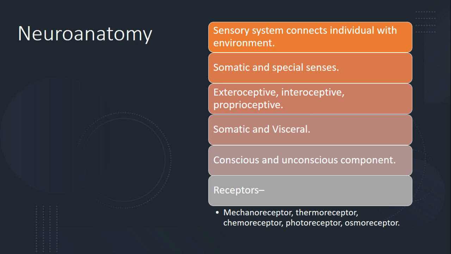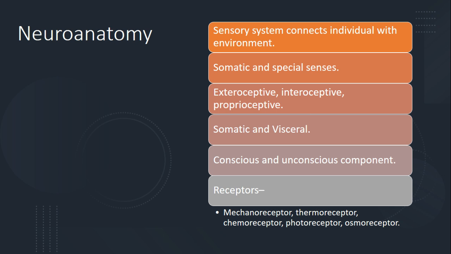Receptors, there are many types. There are mechanoreceptors, thermoreceptors, chemoreceptors, photoreceptors, and osmoreceptors. One nerve extension supplies multiple receptors, and those receptors respond to multiple stimuli.